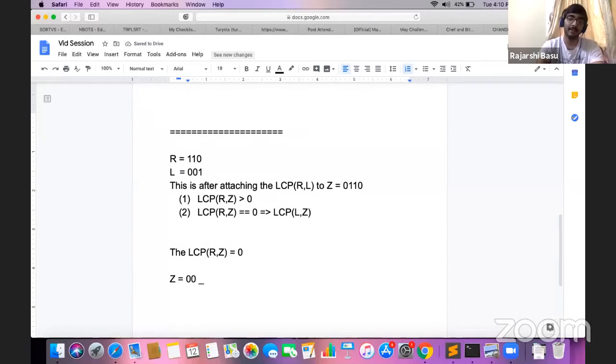So it's a very similar case. If we say that the LCP of L and Z is 1, then the first character of L and Z should be same, that is 0. The next character of L is 0, then Z must have 1 in this place, and the rest of the characters you can put anything because you already ensured that it is greater than L, right?